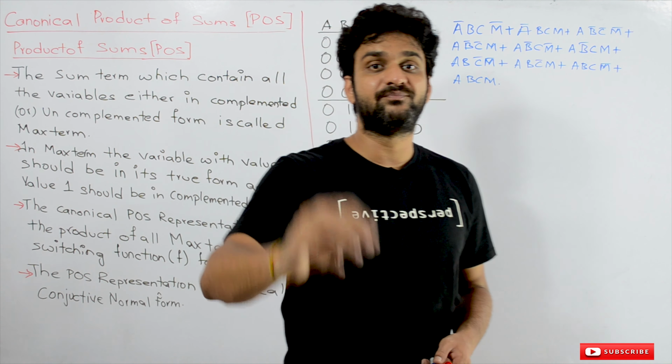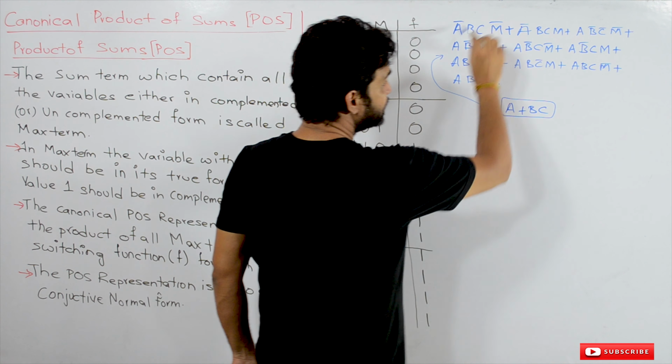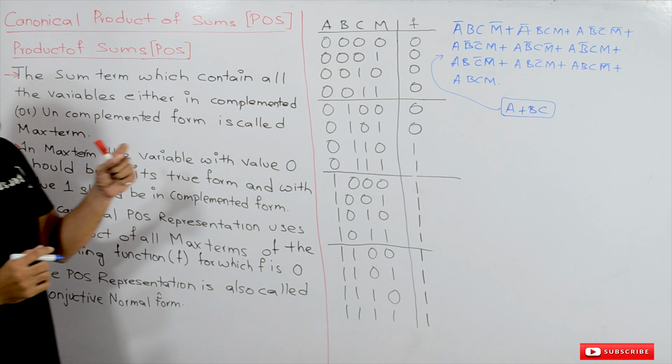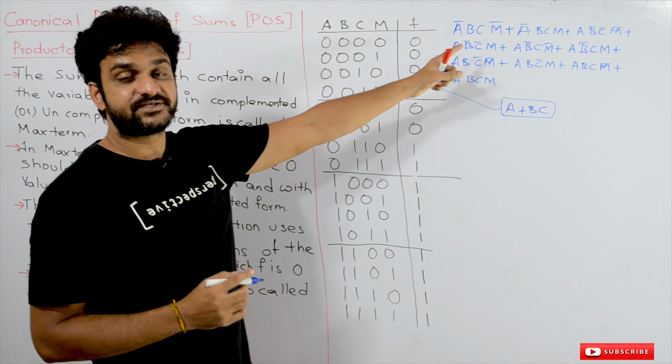In order to represent this function, we use the sum of the products. This is the representation of this function in sum of the products. And how have we generated this function?